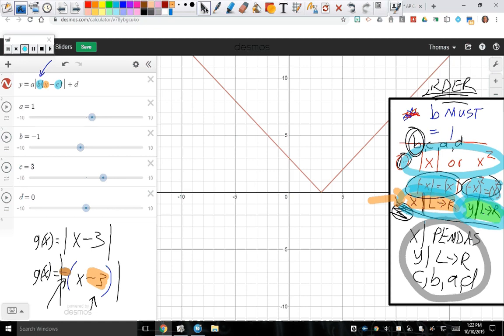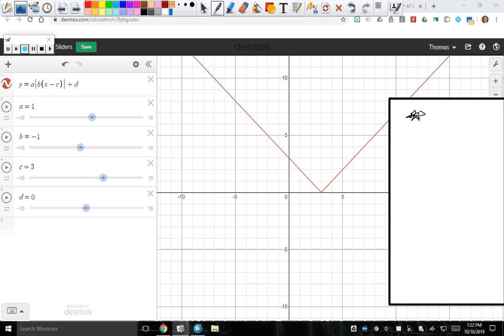Okay, so let's do the difficult one real quick. Okay, so again, your caveat is b must equal 1. The first rule is it will either be a horizontal x or a vertical y. The second rule is what is the transformation?